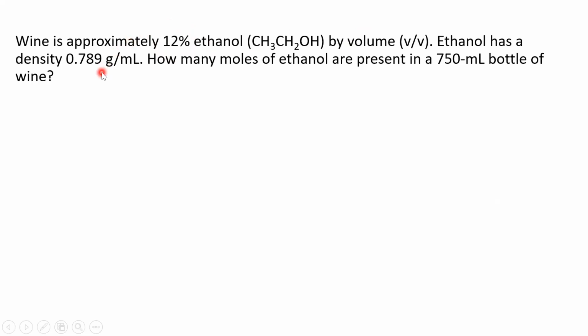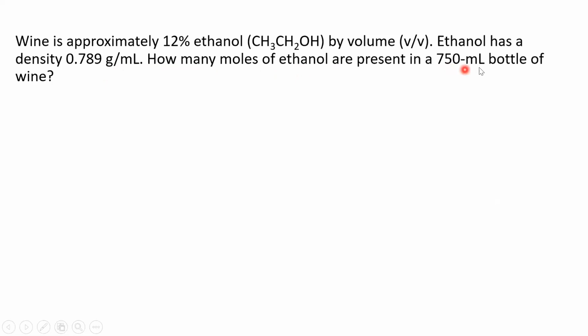And it tells us that the density of ethanol is 0.789 grams per milliliter. We want to calculate how many moles of ethanol are in 750 milliliters of this solution. It happens to be a wine solution that's 12% ethanol. Ethanol is drinking alcohol.